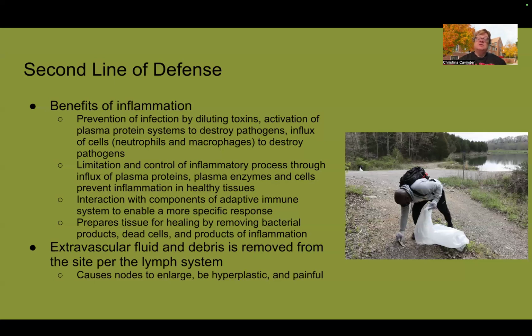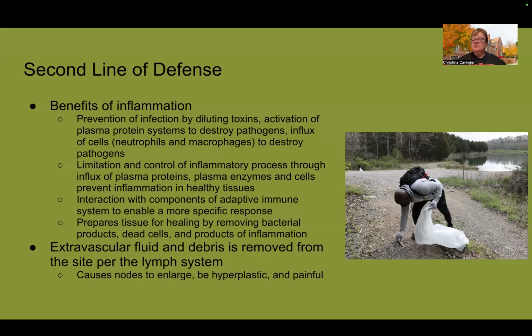So if you have an enlarged lymph node, let's say in your neck, the problem is above that or in that area. So maybe an ear infection or a throat infection, or I've seen them before from lice, a really bad case of lice. If the scalp becomes inflamed with lice, you can have enlarged lymph nodes in your throat.